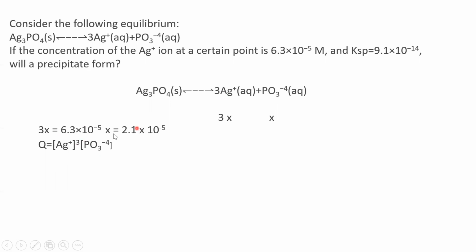Here's your phosphate ion, plug it in here, calculate Q, compare it to K, and decide whether or not a precipitate would be forming. Okay, so 6.3 times 10 to the minus 5 cubed times 2.1 times 10 to the minus 5. Calculate that value, compare it to K.